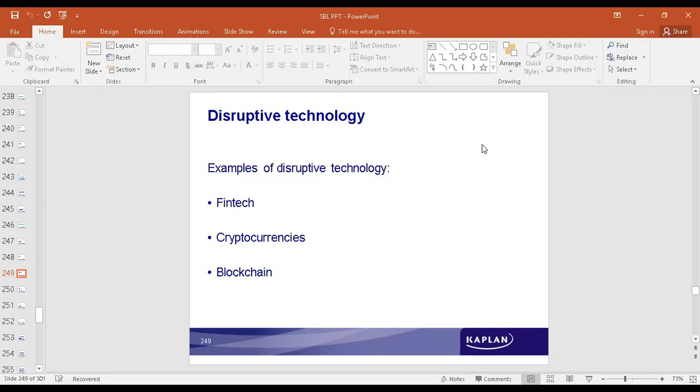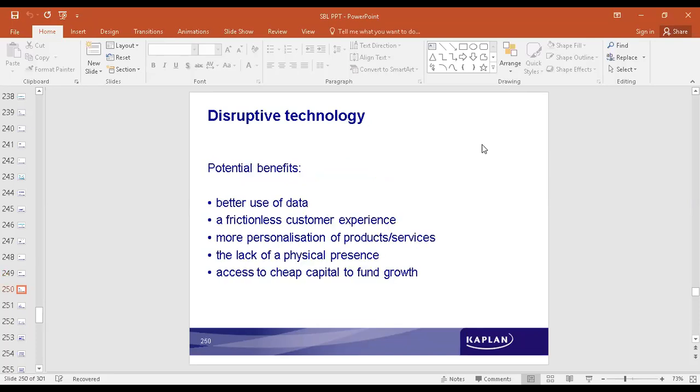Then cryptocurrencies, a parallel digital currency used to carry out transactions online. Then blockchain, where data shared by users across the world can be shared on a digital ledger. The security part of it is quite high. It cannot be altered because all the data shared there is protected with a security code. So these are the changes that have happened. Then there are benefits of disruptive technology.